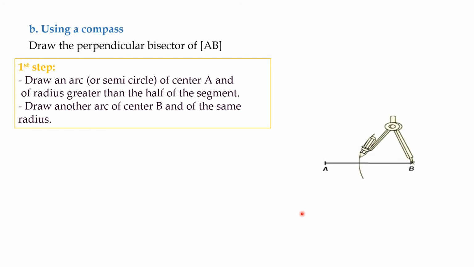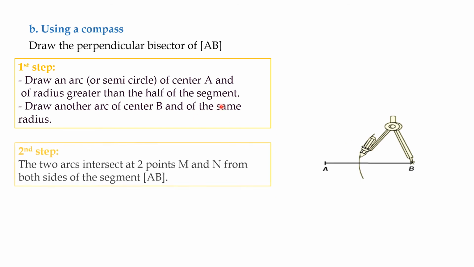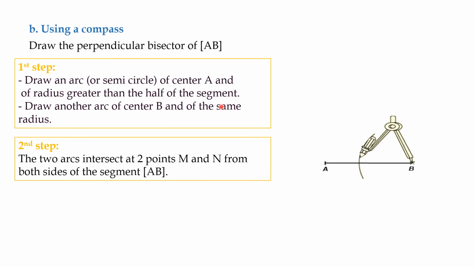First of all, I have to draw an arc of center B, and then we draw the first arc. Open the compass such that it's greater than half of the segment. Then draw another arc of center A without moving the opening of the compass.